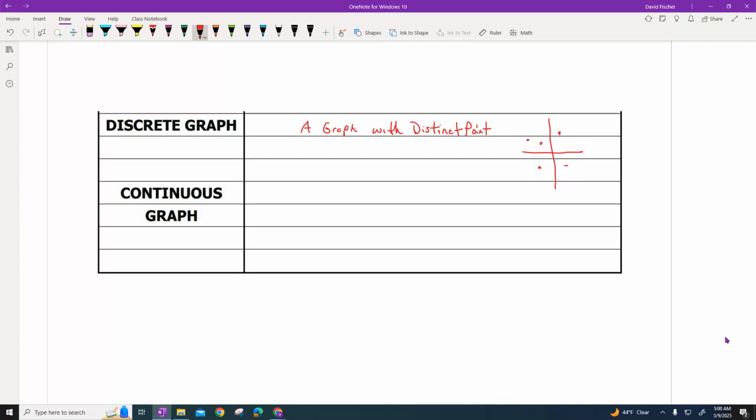It could be anywhere, but they're not connected by a line or anything, and so that's going to be a determiner when we go to write our domains and ranges today. If it's distinct points like that, discrete graphs will always have brackets like this for when I list my domains and ranges, okay?